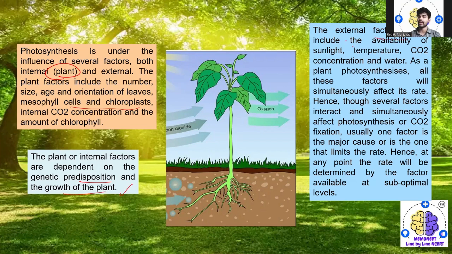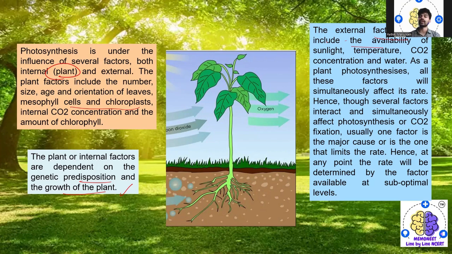Coming to the external factors, it would be sunlight, temperature, carbon dioxide concentration, water, and nutrients, as well as the plant's photosynthesis. All these factors are going to affect the rate. Hence, several factors interact simultaneously and affect photosynthesis or the carbon dioxide fixation.